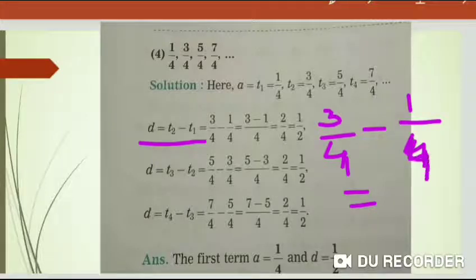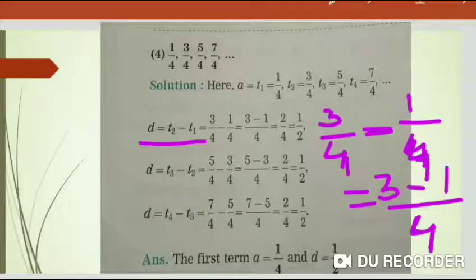Okay, both the denominator is 4, therefore see here I can write down the denominator is 4, and see the numerators, they can be subtracted, that means 3 minus 1 is equal to 2 upon 4. 2 1s are 2, 2 2s are 4. Okay, here we get the value of d is equal to 1 upon 2. See here, value of d is equal to 1 upon 2.